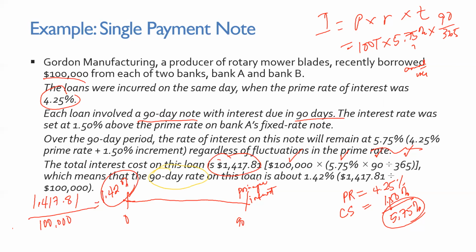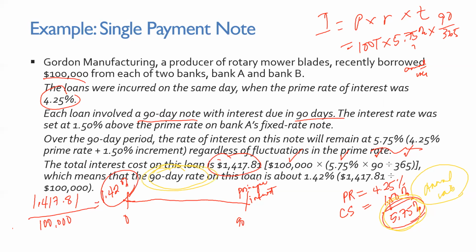Okay. You own 5.75. This is the annual rate for the loan. Okay. Remember, interest rates are defined by the period wherein they are applicable. Okay. So therefore, yung 1.42% is valid for a 90-day loan.